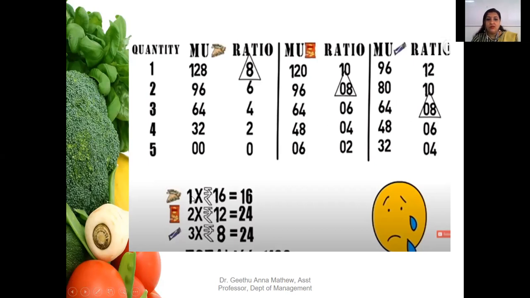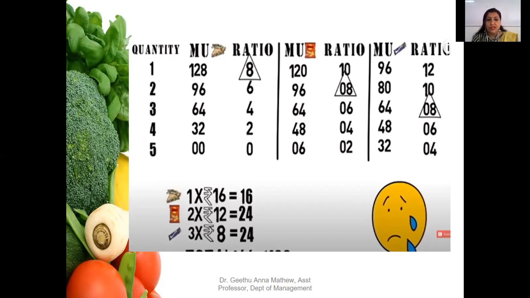Let's work it out. One sandwich, 1 into 16, is 16 rupees. Two chips packets, 2 into 12, is 24. Three chocolates, 3 into 8, is 24. Let's total this. It is only 64 rupees. So 100 didn't reach, and the consumer is not getting maximum satisfaction, since he is planning to spend his 100 rupees.